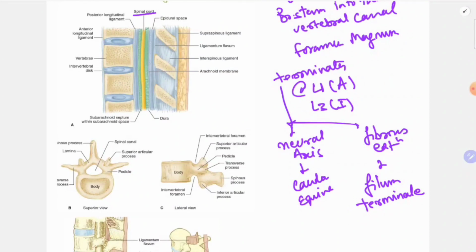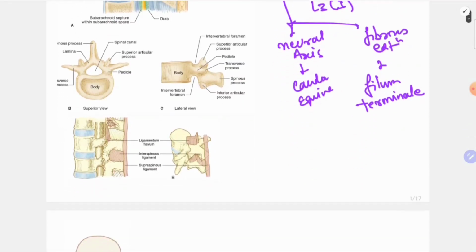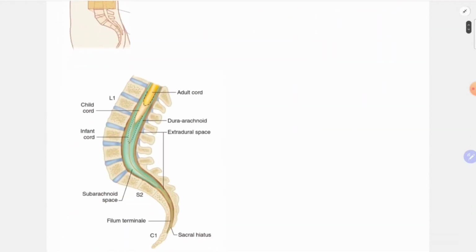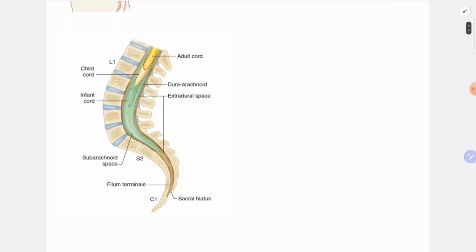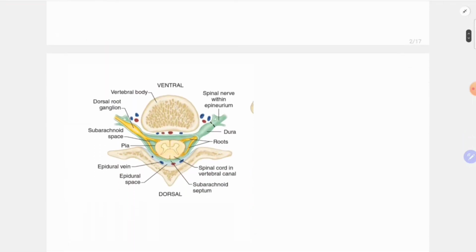Now if we move further out, look at this diagram. We have the spinal cord in the core, and outside the spinal cord we have the meninges, and these meninges are continuing from the brain. So what are those meninges? If this is the spinal cord, the one investing it very closely is the pia mater.